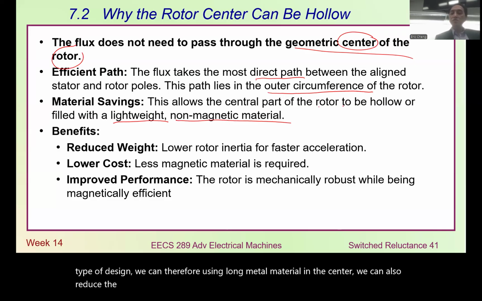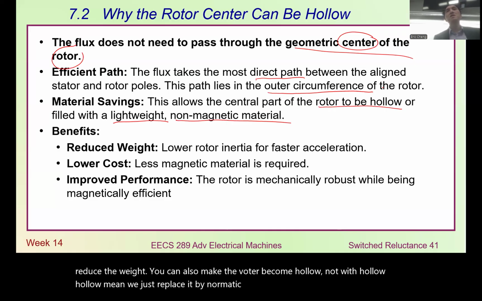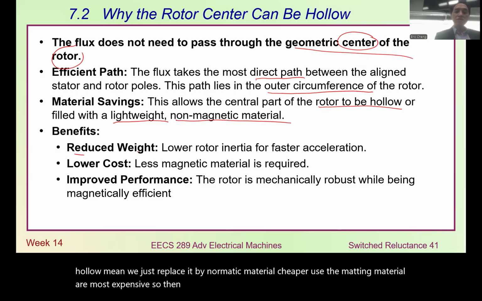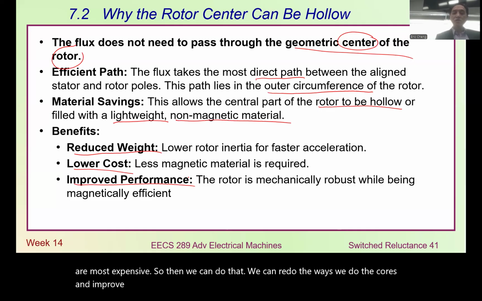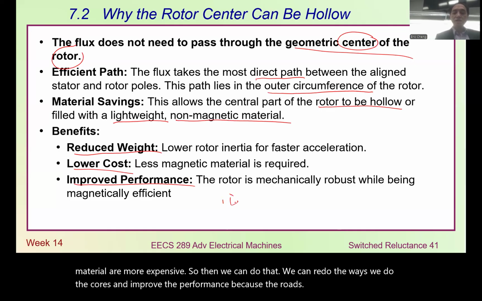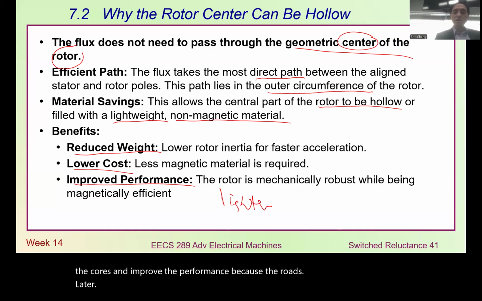We can make the rotor hollow, not really hollow, but we replace the center by non-magnetic material, which is cheaper. Using magnetic material is more expensive. So we can reduce the weight, reduce the cost, and improve the performance, because the rotor becomes lighter and can improve the dynamic performance. That's what we're trying to do.